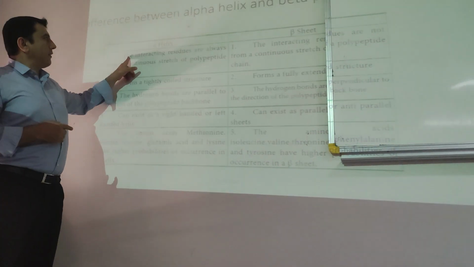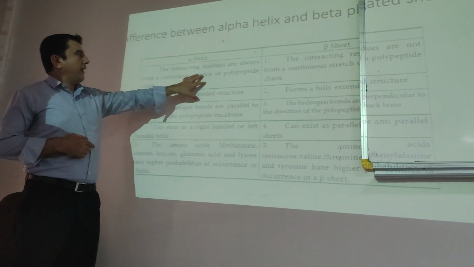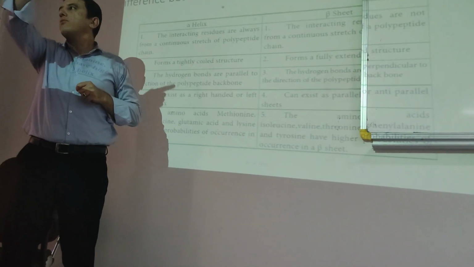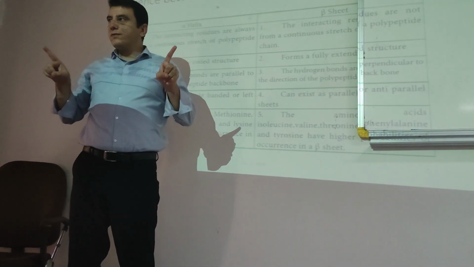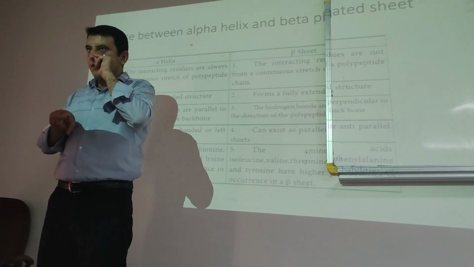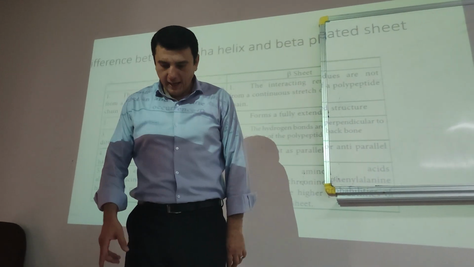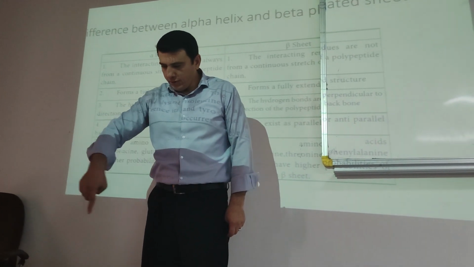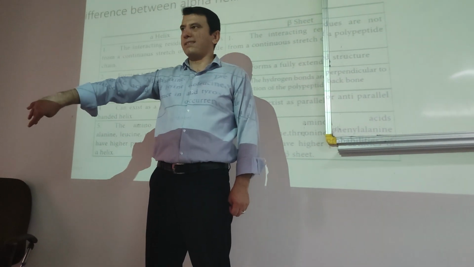Alpha helix will be produced from just one polypeptide chain. However, beta sheets can be produced from several polypeptide chains. For example, one polypeptide can produce here, and you can continue with another chain at the next, on the opposite side.